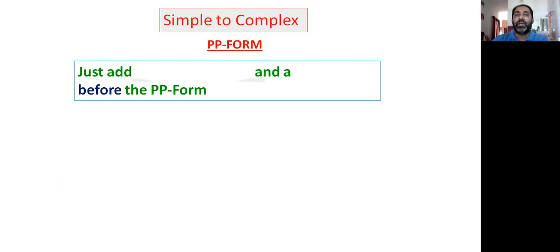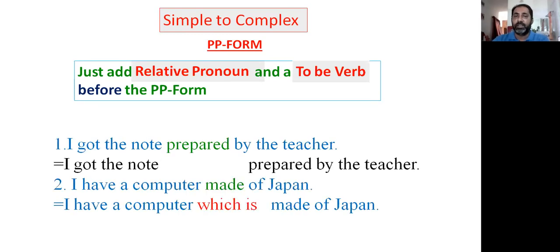Just add a relative pronoun and a to be verb before the past participle form. Relative pronoun means who, which, like this, and a to be verb: who is, which is, like this.